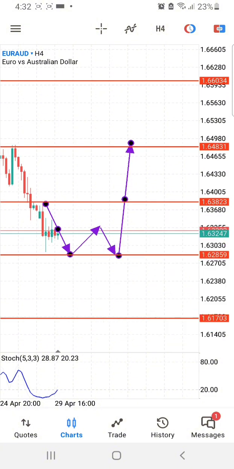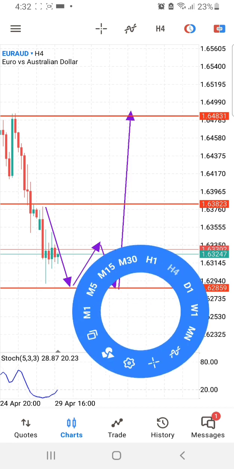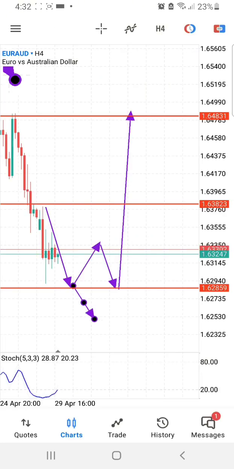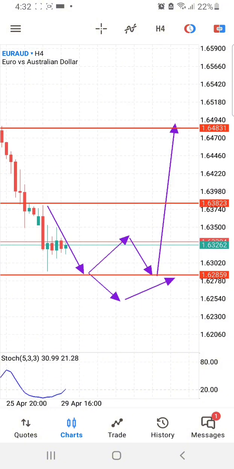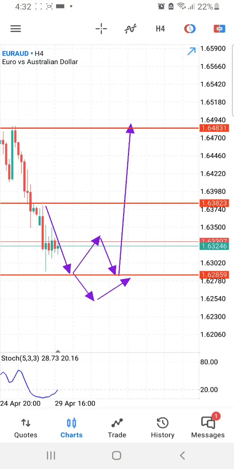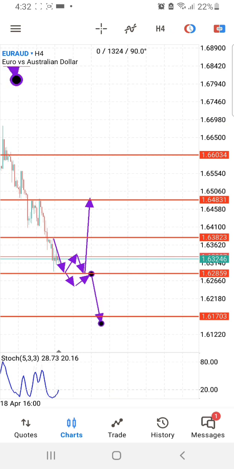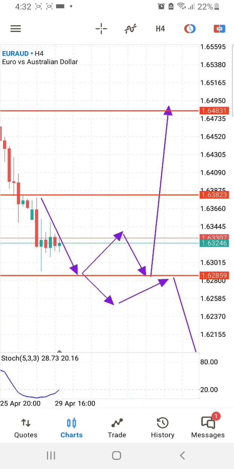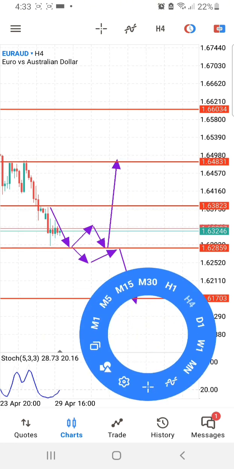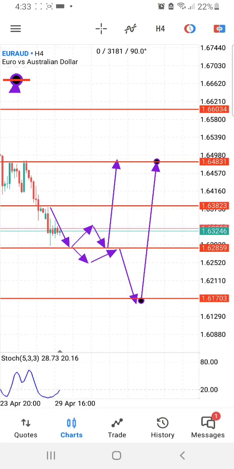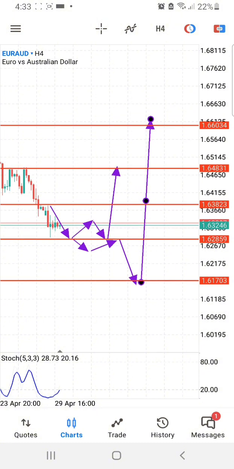You can't predict the market 100%, but if this doesn't happen, then this will happen. It's a 50-50 chance. If any one of these scenarios plays out, then you can capitalize on it. And maybe if the market breaks the low here, reaches to this point, then the market will reverse from here back to here.